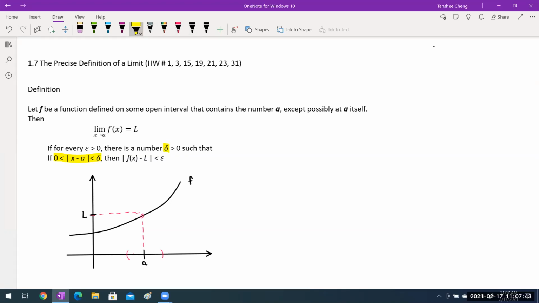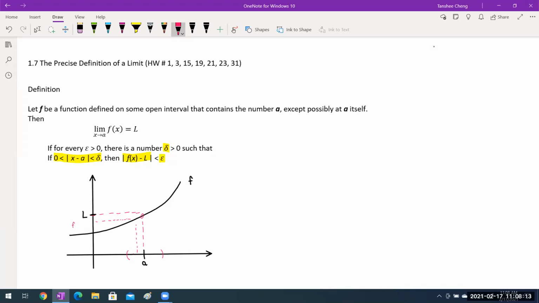When we look at the second part, it says that the function value minus the limit is also a very, very tiny number, which we call epsilon. The absolute value of f of x minus L is less than epsilon. So in this case, if I have an x value very close to a, that reflects to the function, and the function gives us an output value.